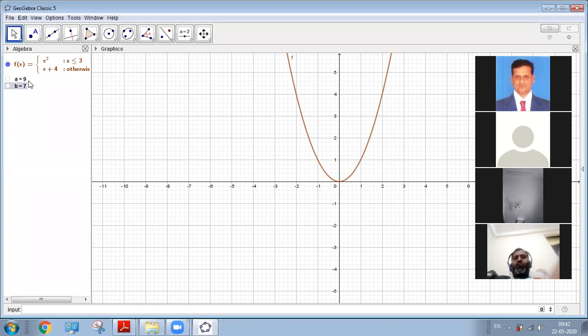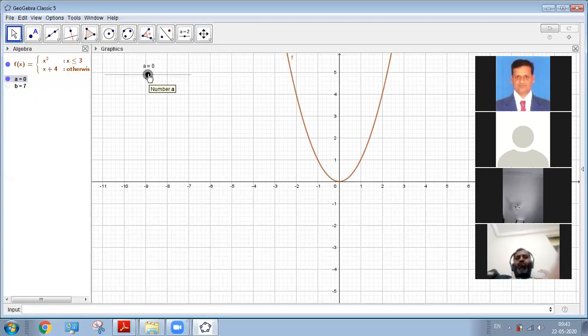So when you find the left limit and right limit are different, then you can say that the limit of the function does not exist. So like this, you can also explain to the students. Using the concept called a slider, you just put a equal to 0 here, you find a straight line like this.